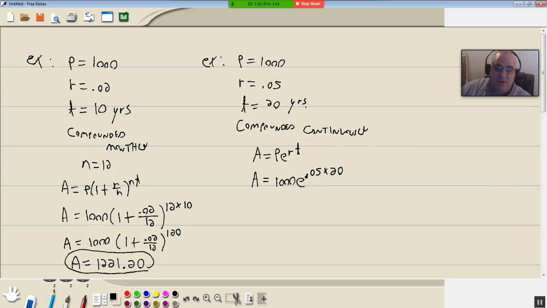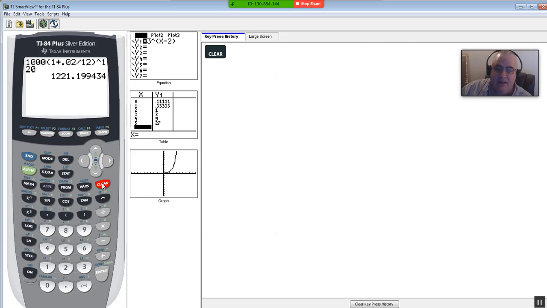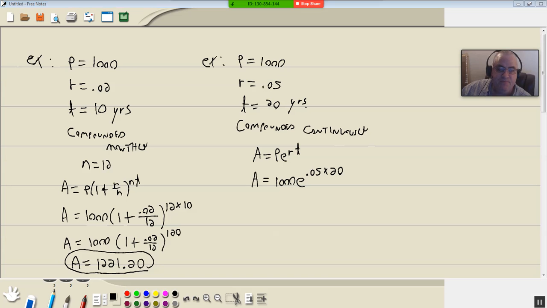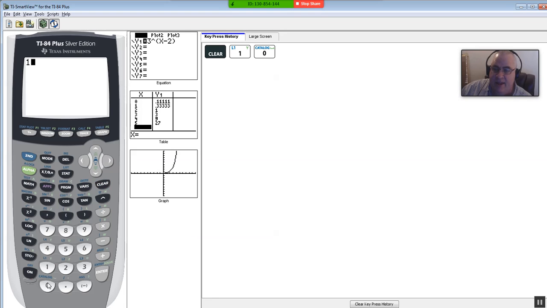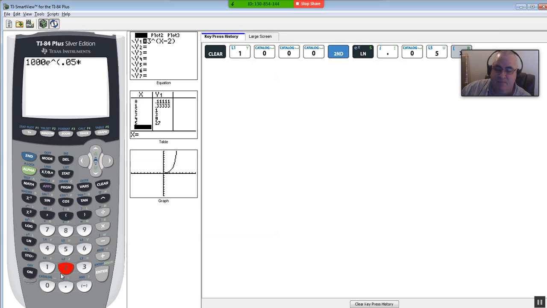Now, I'm not very good at decimals, so I'm not going to try to do 0.05 times 20 in my head. Probably could, but I might screw it up. Doesn't matter so much on this one. If I put 1,000 times e, that's second natural log, second ln, and then 0.05 times 20.